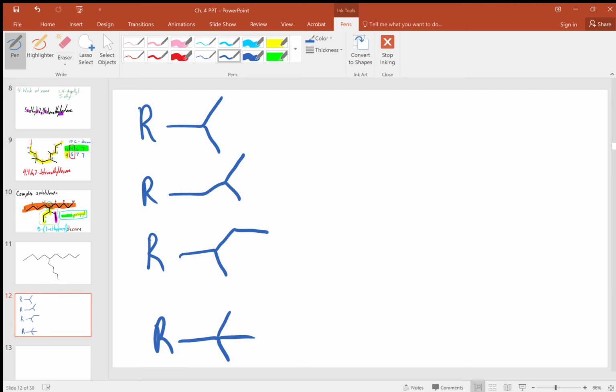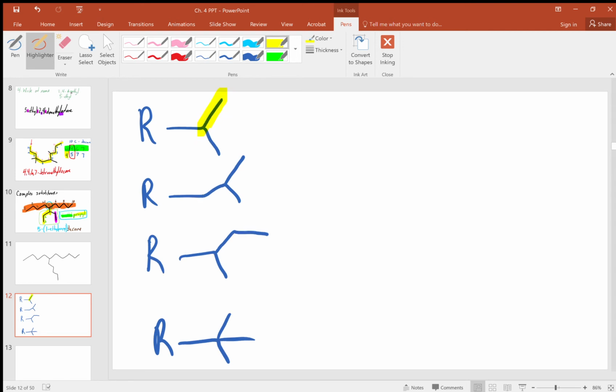All right, so the first one is a 3-carbon substituent connected at the middle carbon. So the longest chain here coming from the parent chain is 2 carbons. So that would be ethyl. And at the first carbon of the ethyl, we have a 1-carbon substituent, or a methyl.